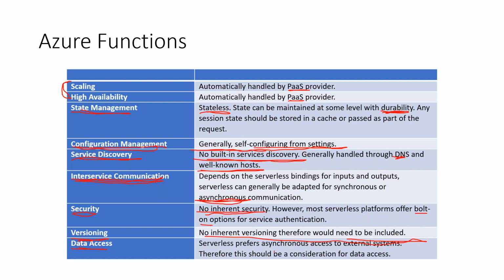Data access: serverless prefers asynchronous data access through external data access, and I would encourage you to adopt that as a pattern if you're going to go with functions anyway. And that's to use asynchronous inter-service communications through something like a CQRS pattern, and then implement data access services that will have the ability to read and write data using the CQRS pattern and make that data access asynchronous, and then have the inter-service communication asynchronous, so everything is asynchronous.